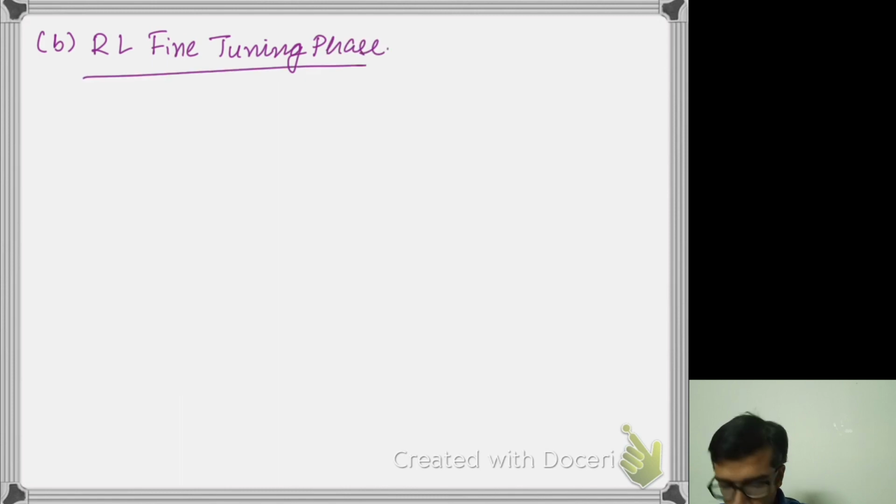So once you have trained a reward model, then you would want to maximize the expected reward over the policy with which you are training, right? So your policy is essentially the language model.